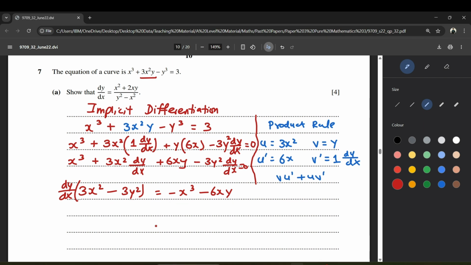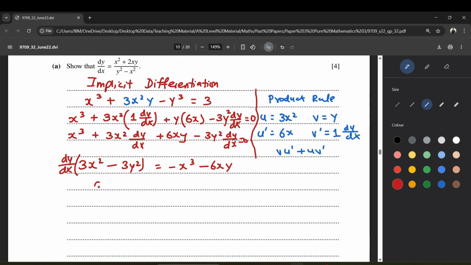Now I can say that dy/dx is equal to minus x cubed minus 6xy divided by 3x squared minus 3y squared.